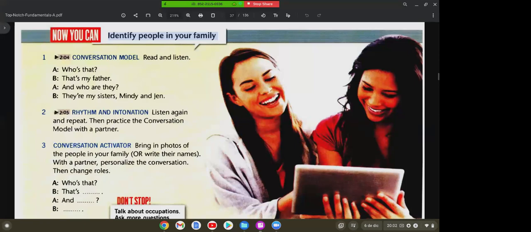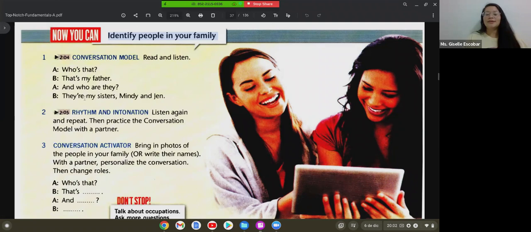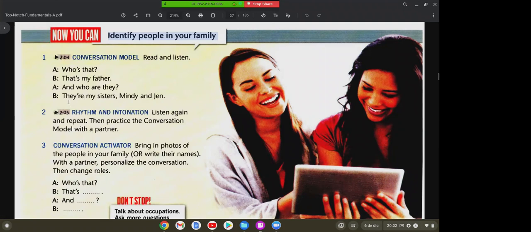Who's that? That's my father. And who are they? There's my sister, Mindy and Jim. Okay. They're, can we repeat? They're my sisters. Okay, awesome.